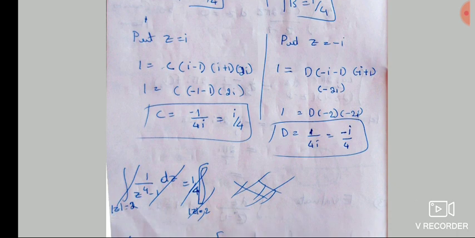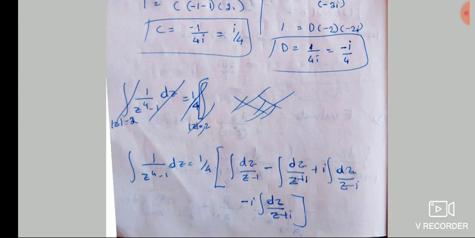This is one way of solving for a, b, c, d. Another way is you can use equating constant terms, equating coefficients of z, equating coefficients of z square and so on. So now we got the values of a, b, c, d.